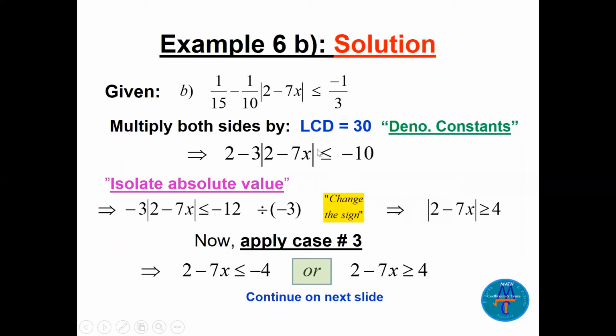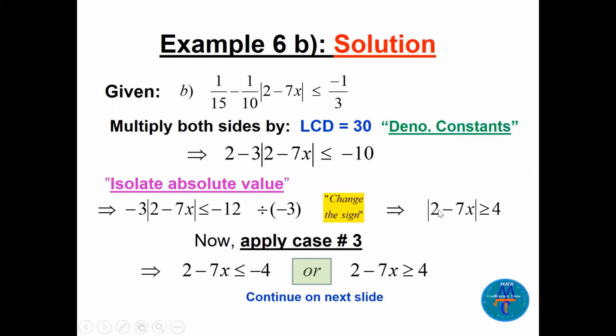Now, isolate the absolute value here. Take the 2 to the other side. You see, take only this 2. So it becomes minus 12. Divide by minus 3. Don't touch the absolute value until now. Divide by minus 3, change the sign. So look now, what do we have here?